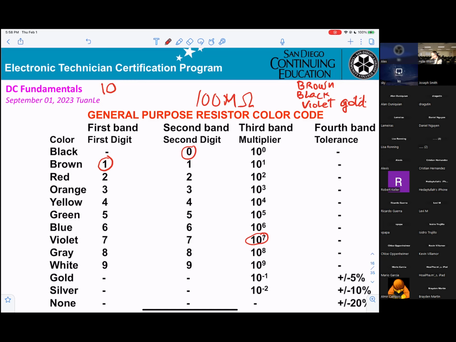And now gold will be here. If you get gold here, you get plus or minus 5% tolerance. Now, I want to talk to you about tolerance.